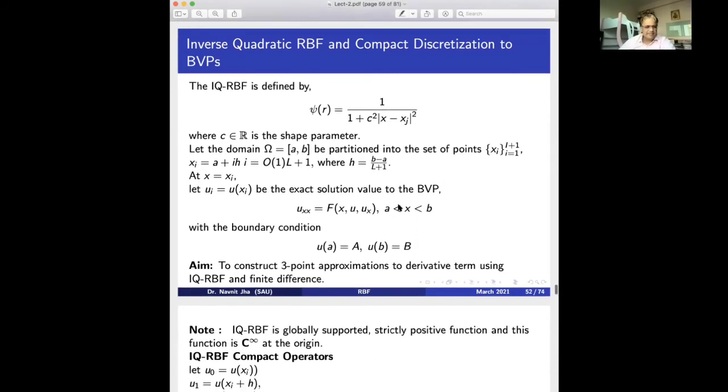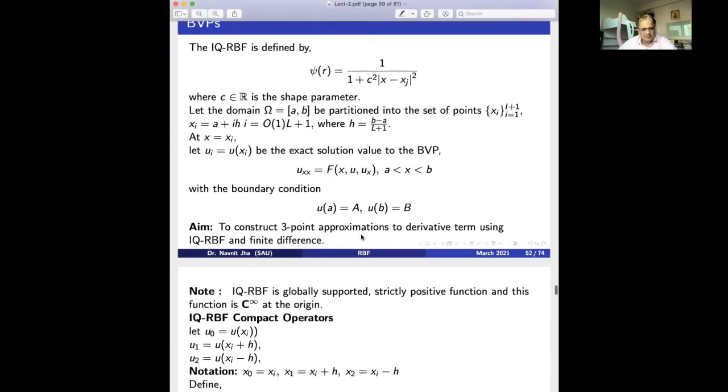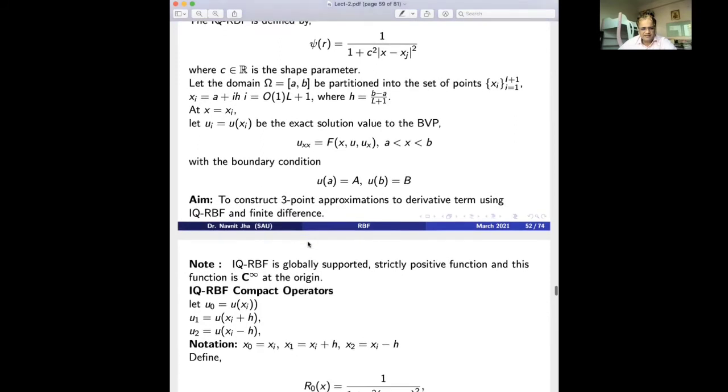Now, at the point x equal to xi, again I will denote ui as u at xi, the exact solution, and this is the problem. Uxx stands for the double derivative of u with respect to x and is equal to a function of x, u and ux, with the Dirichlet boundary condition. We will construct a 3-point approximation like this.